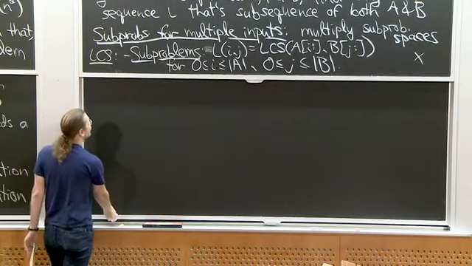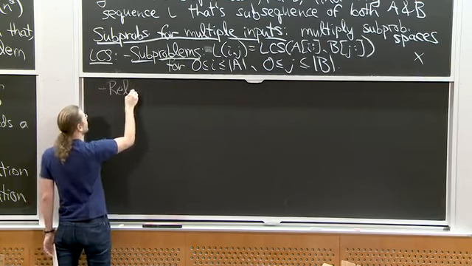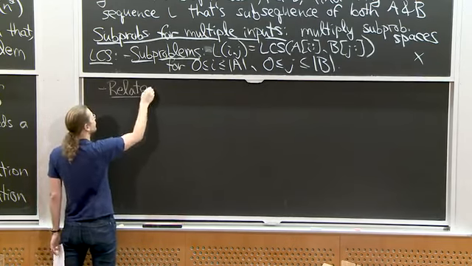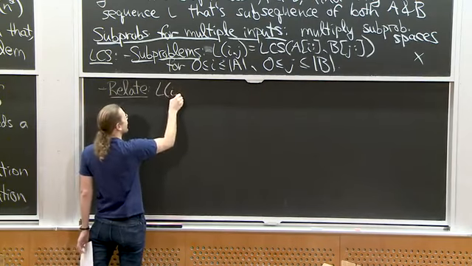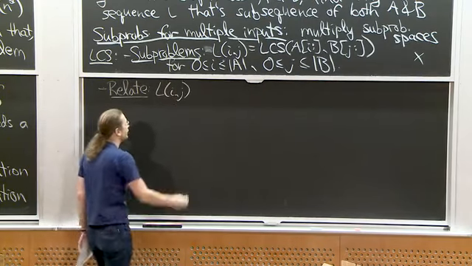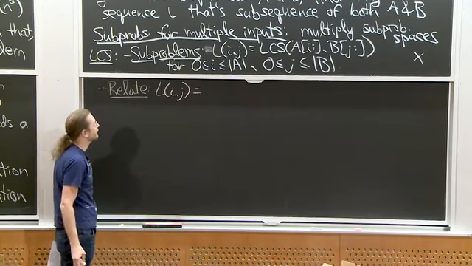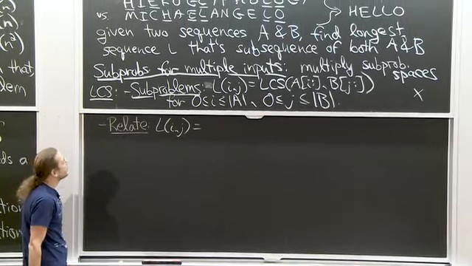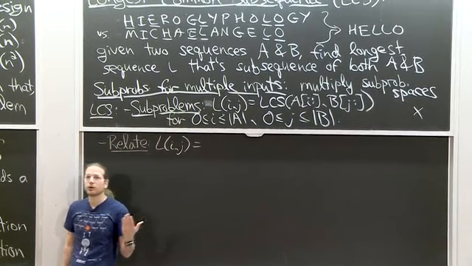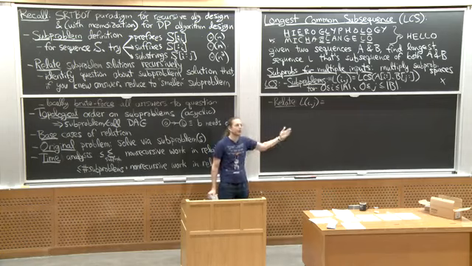Now I claim that that set of subproblems is enough to do a recursive relation among them. So I'd like to solve every subproblem L i, j. The relation is actually pretty simple, but it's maybe not so obvious. The idea is, because we're looking at suffixes, we should always think about what happens to the first letter, because if we remove that first letter, then we get a smaller suffix.